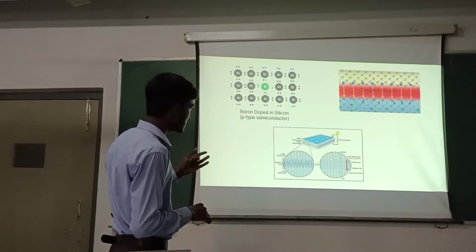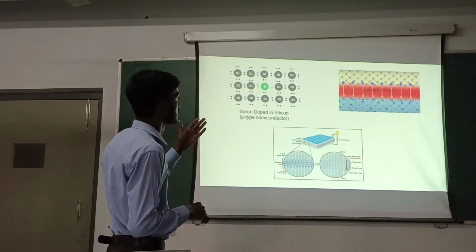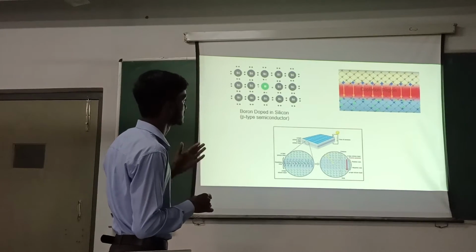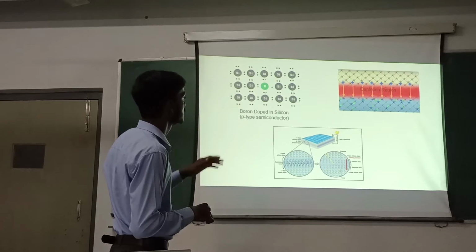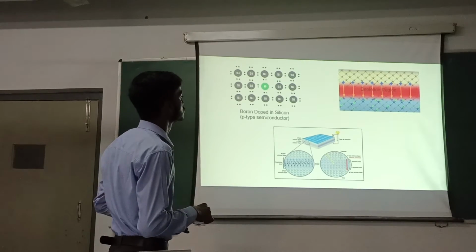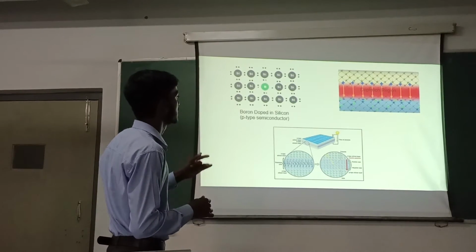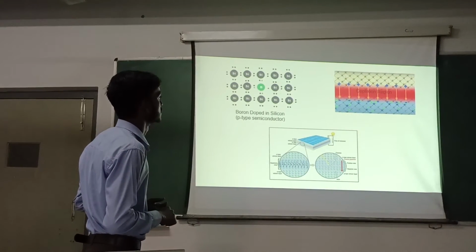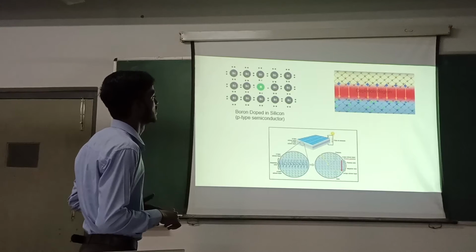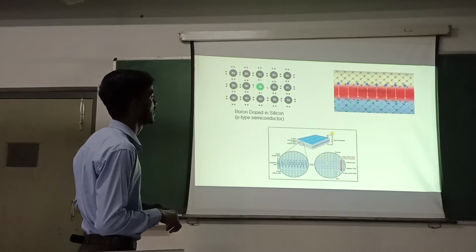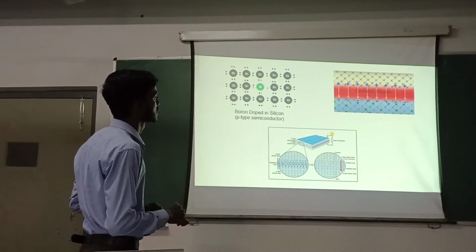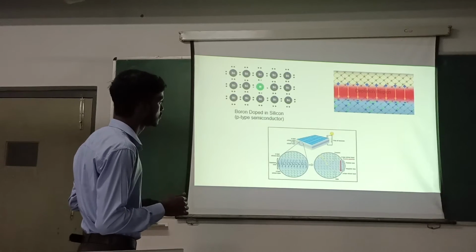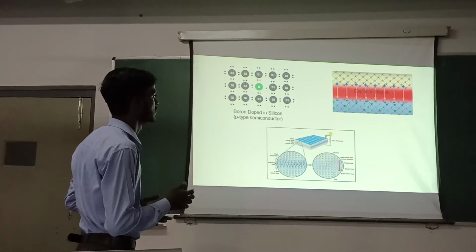Some electrons from the n side merge with the holes of the p side and create a depletion region. Now the upper side of the depletion region is slightly positive and the lower side is slightly negative, so an electric field is created.